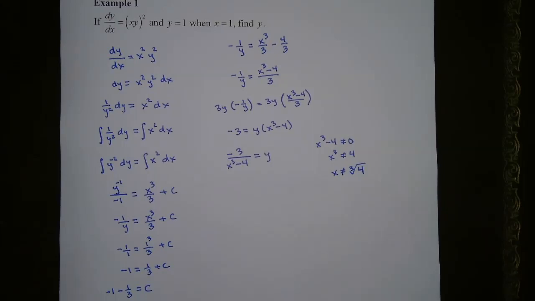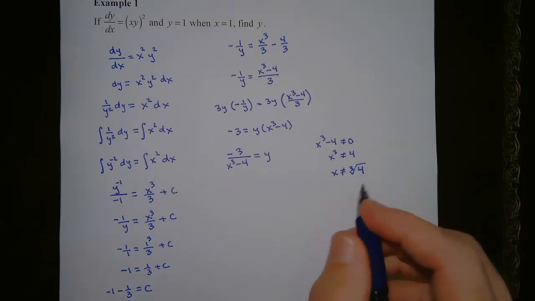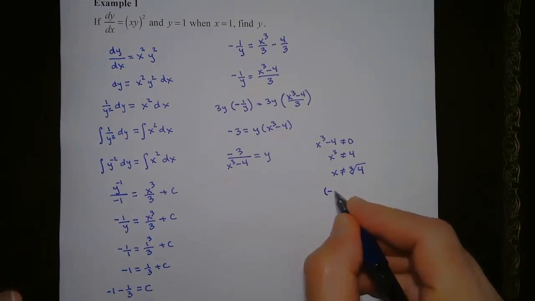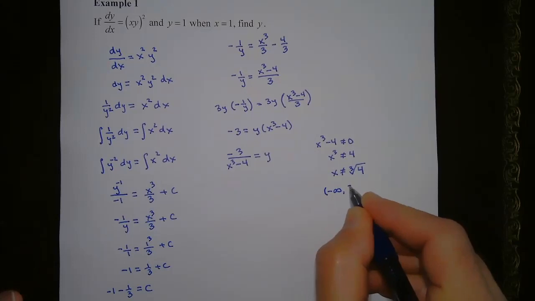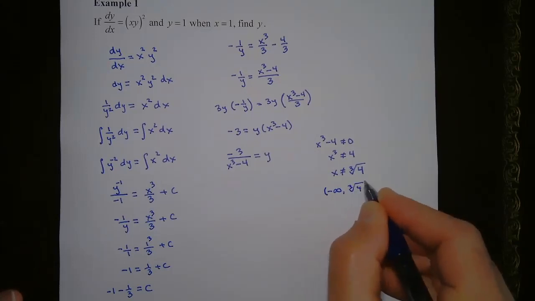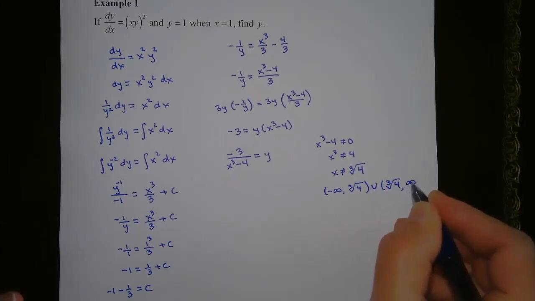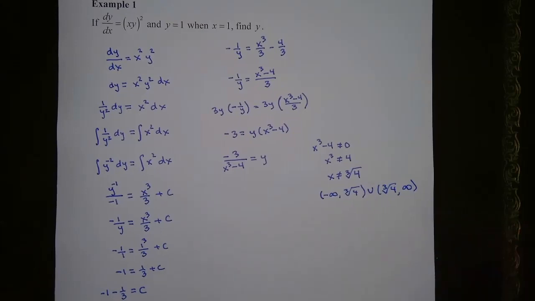So that means what x values can we use, all right? So it would be -infinity to the cube root of 4, and then union the cube root of 4 to infinity.